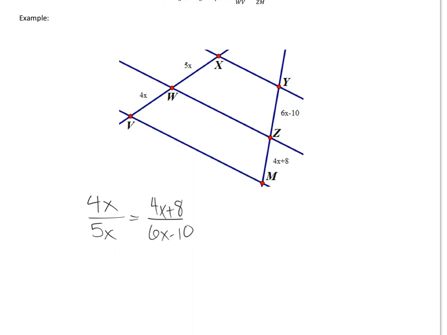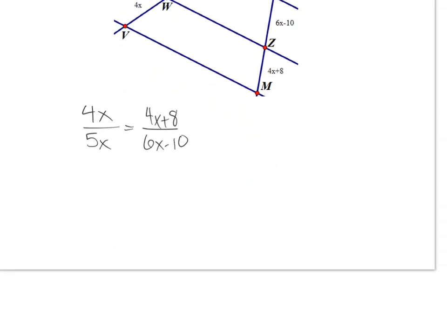And now I'm going to have to cross multiply and solve. So let's do that. I get 4x times 6x minus 10 equals 5x times 4x plus 8.